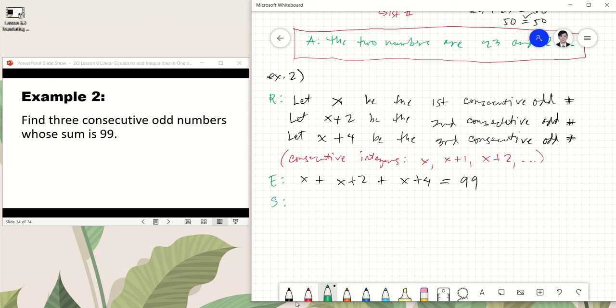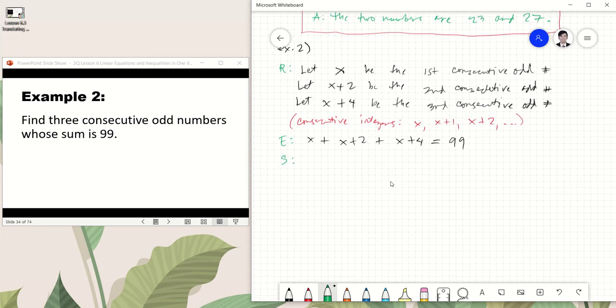Then we just have to solve for x. So, simplify lang natin by combining the like terms.